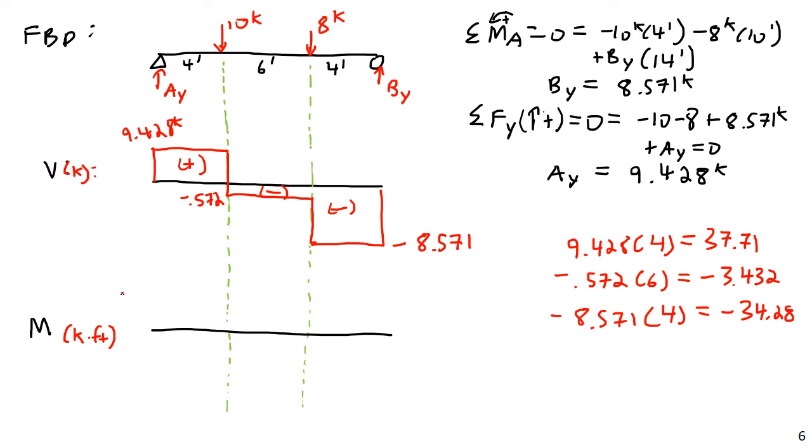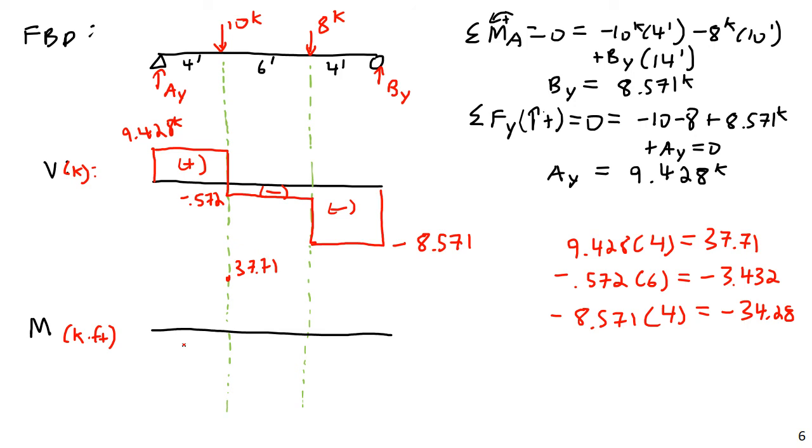We will talk about this more later in the semester, and I'll have you working through solving shear and bending moment diagrams, especially by integration, because I want you to be able to work with deflection by integration. So I know here it's going to be 37.71, because it increases by 37.71 starting from 0.